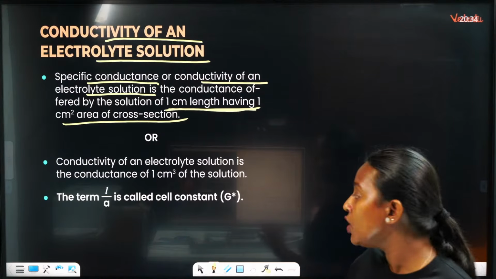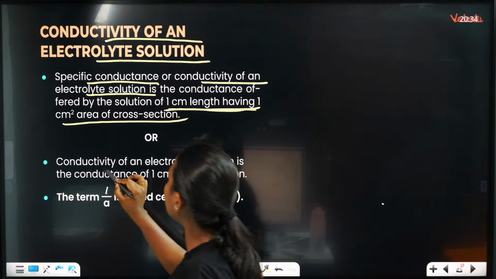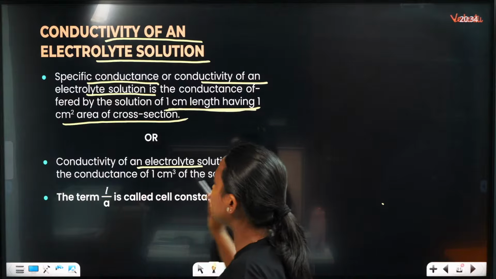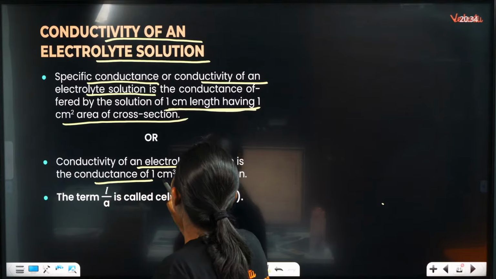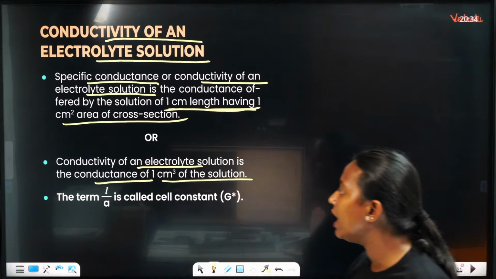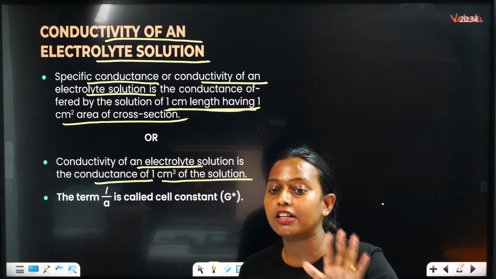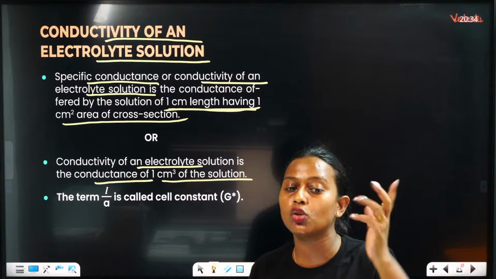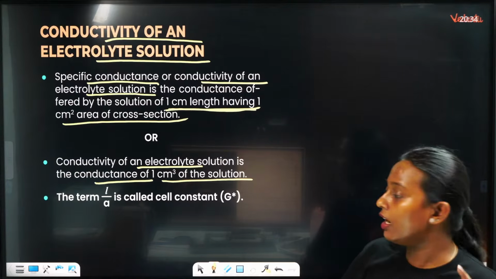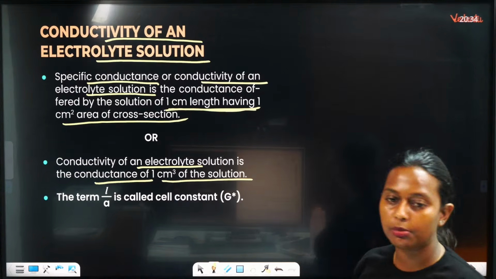Is it clear? Or we can say the conductivity of an electrolyte solution is the conductance of 1 centimeter cube.